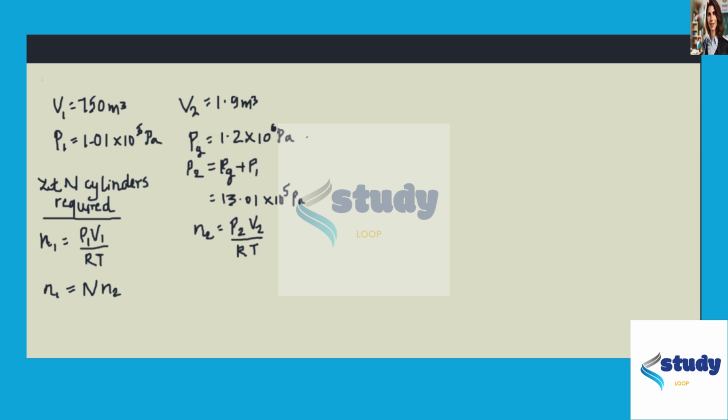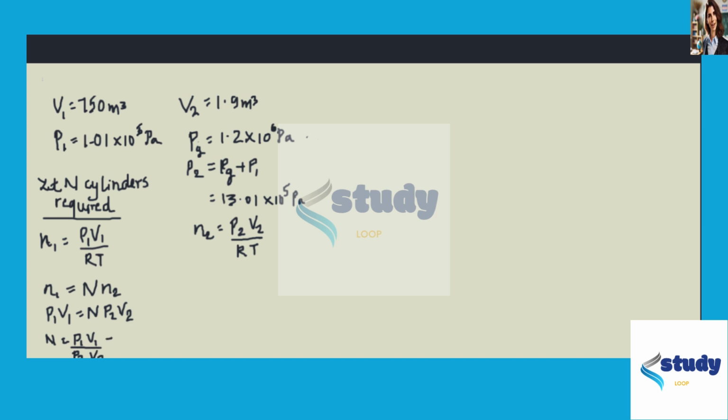If you equate these two, you get P1 V1 is equal to N times P2 V2, because RT gets cancelled out. Therefore N is equal to P1 V1 upon P2 V2.